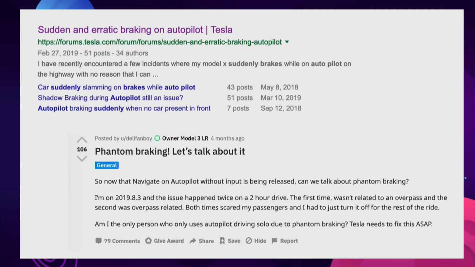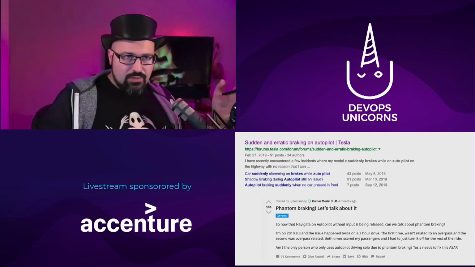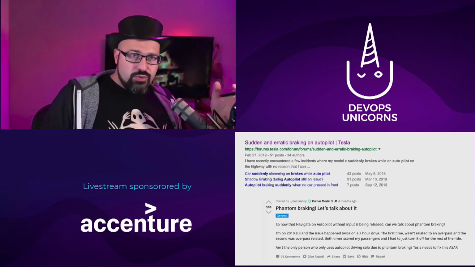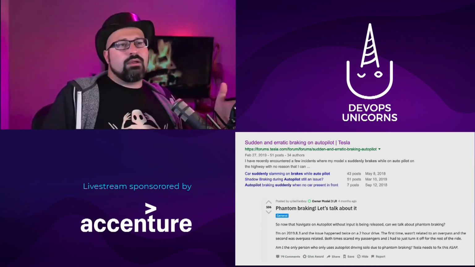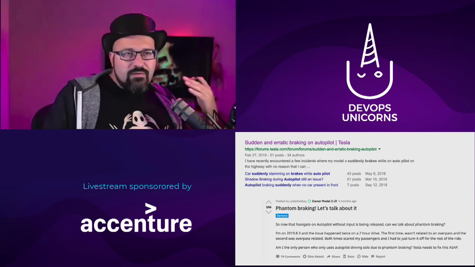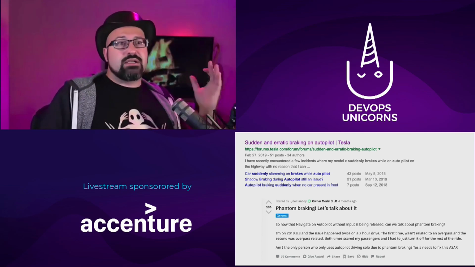They have a bug in their driver assist system called phantom braking. Phantom braking basically slams on the brakes without any reason because it thinks it saw something that wasn't there. Obviously, people who use the autopilot are very upset and very vocal about it, and they're waiting for the fix, and waiting and waiting, and the fix doesn't come.